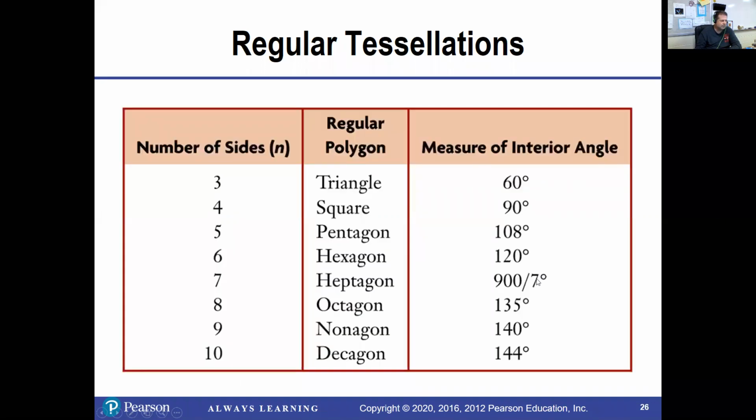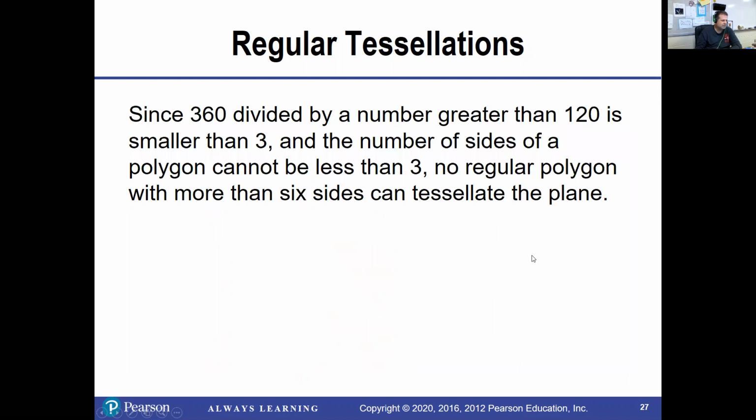In other words, you can't get less than 3 sides to tessellate. So a hexagon would be the biggest you could possibly have. Out of those, which ones can add up to 360 degrees? Well, we already know pentagon doesn't work. So only triangles, squares, and hexagons can tessellate.